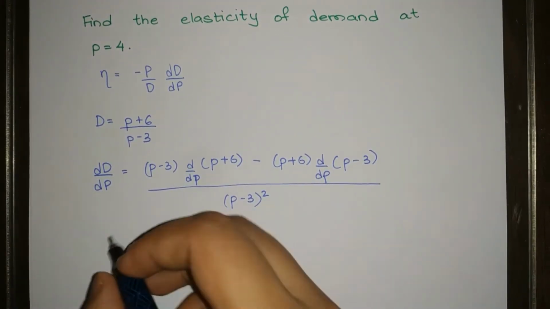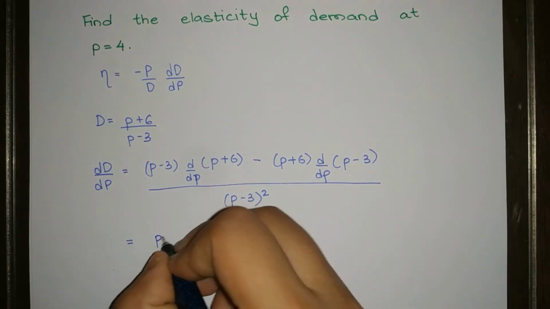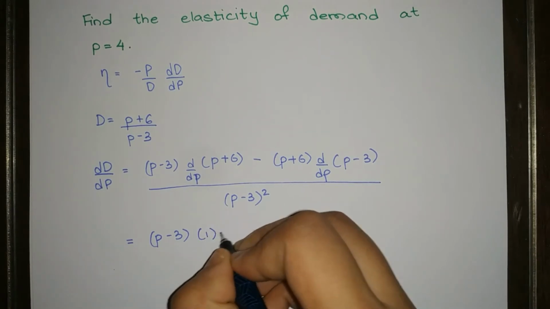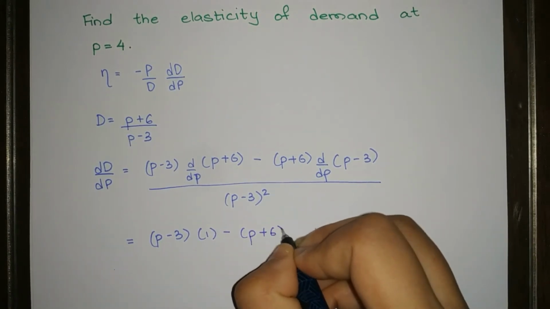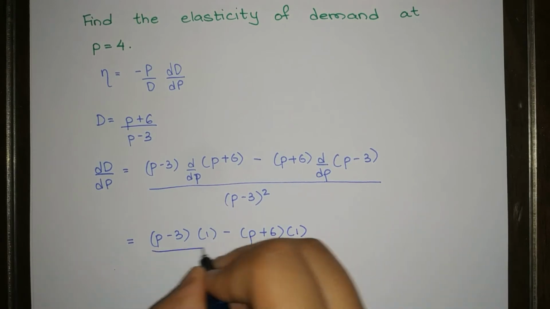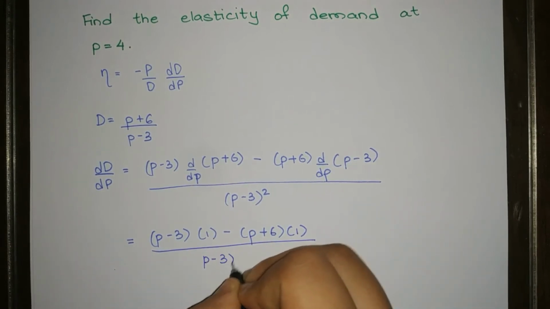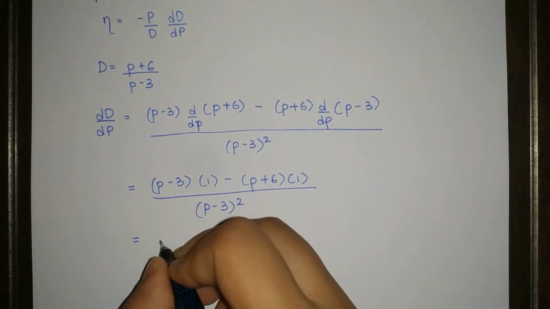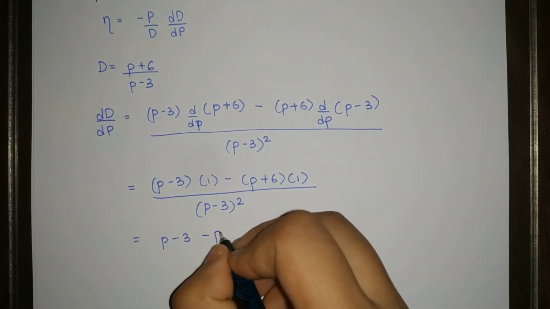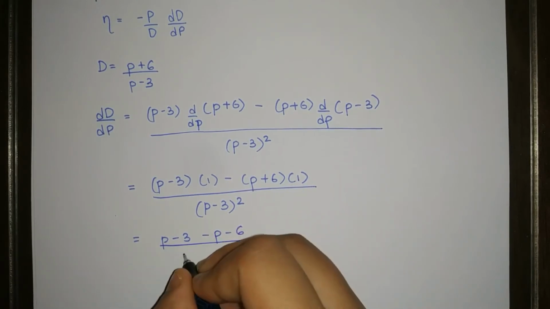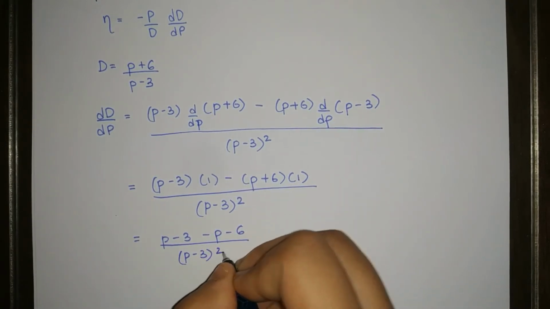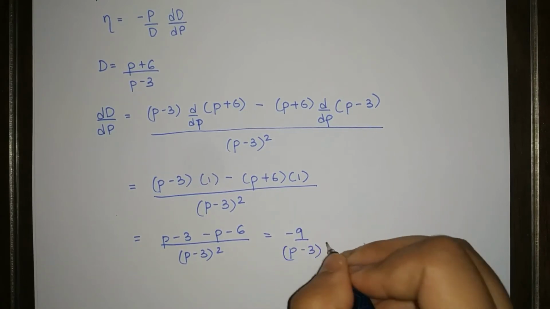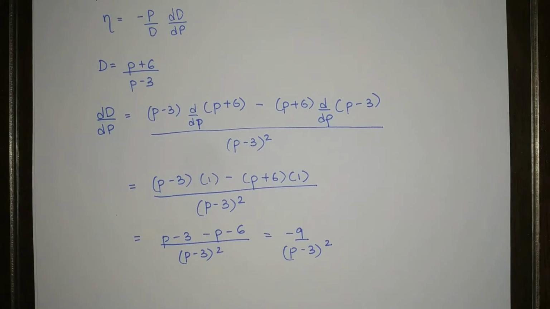Now this is equal to P minus 3 into 1, minus P plus 6 into this is also 1, divided by P minus 3 the whole square. Okay. So this is equal to P minus 3 minus P minus 6 divided by P minus 3 the whole square, which is equal to minus 9 by P minus 3 the whole square. Okay, so this is the value of the derivative.